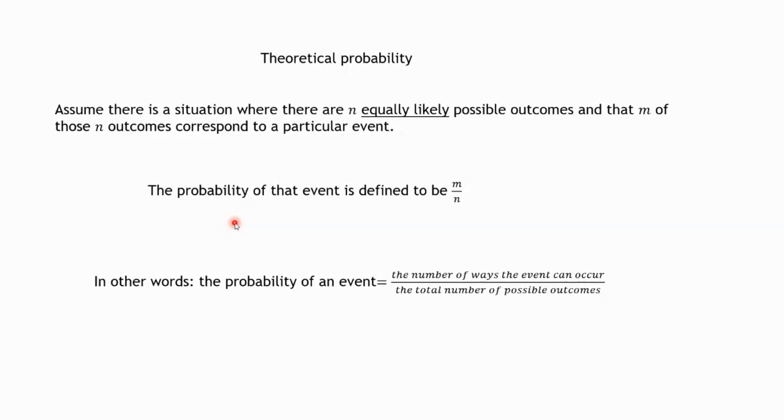It means it's just as likely to roll any of the outcomes. Or flipping a fair two-sided coin, it's just as likely to land heads up as tails up. Then intuitively, the probability is a fraction: the number of ways the event can occur divided by the total number of possible outcomes.